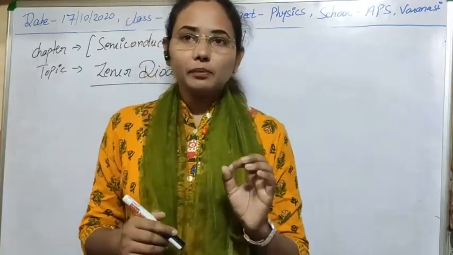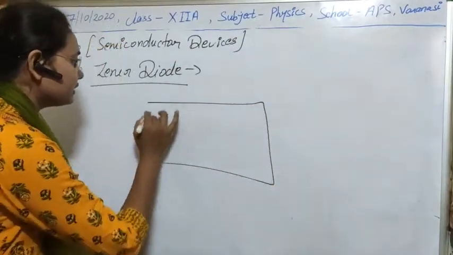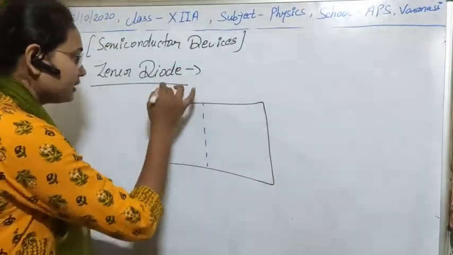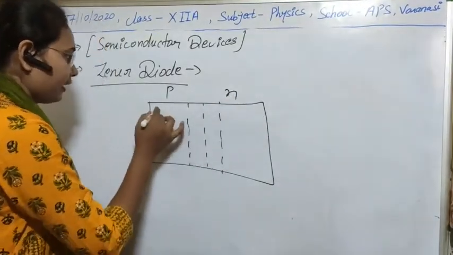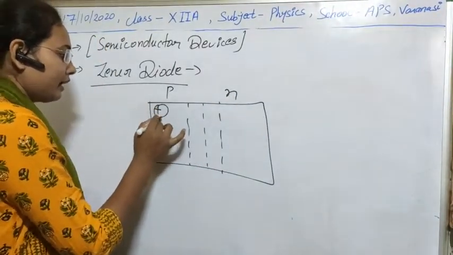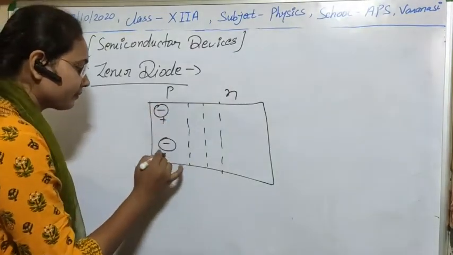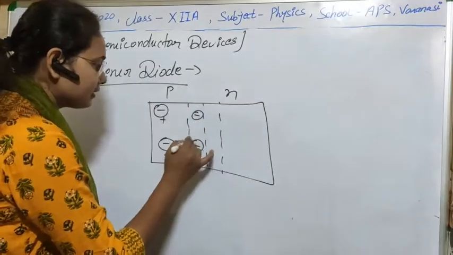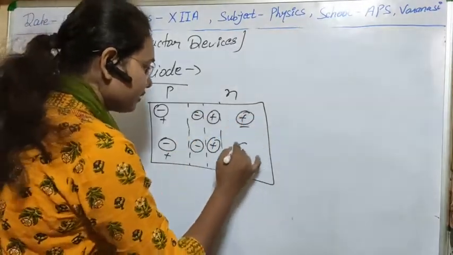In the case of a PN junction diode, suppose this is our PN junction diode, and here this is the depletion region, and as you know, here are the acceptor atoms, here acceptor ions, here donor ions, and here donor atoms.